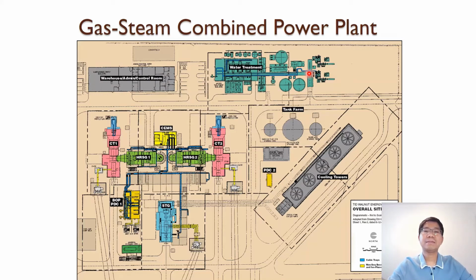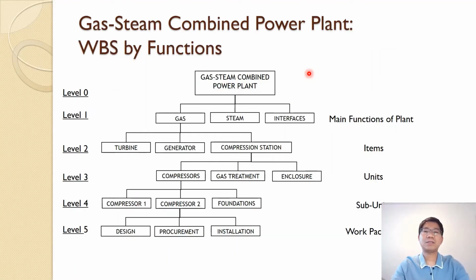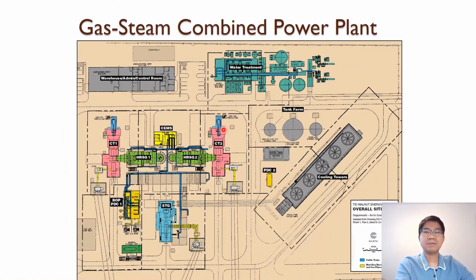Basically we can break that project down into different areas and different functions. For example, you can break it down into the gas, steam, and interfaces. Just like you see there, the gas gets in, the steam, and then the interfaces between those.